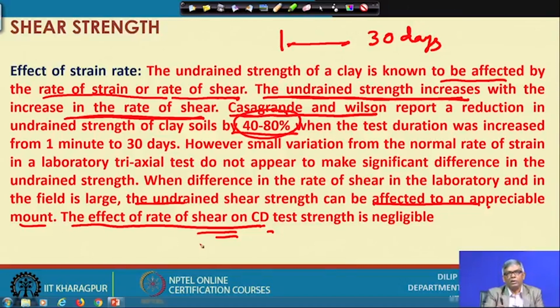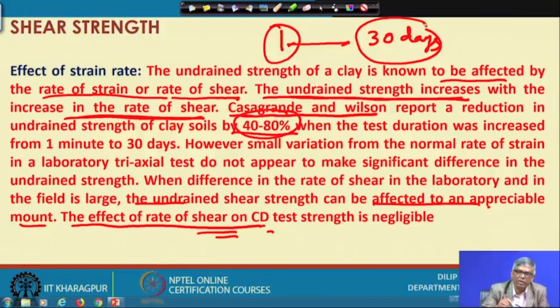And qualitatively, if you shear one sample over 1 day and another over 30 days, the increase in strength can be on the order of 40 to 80% depending on the soil. These are the important points to note for the effect of strain rate on shear tests.